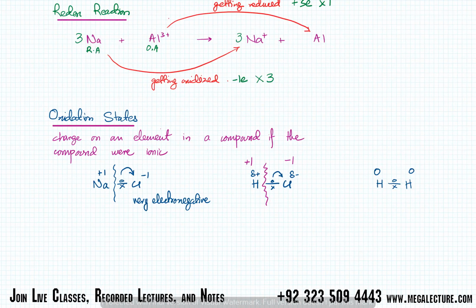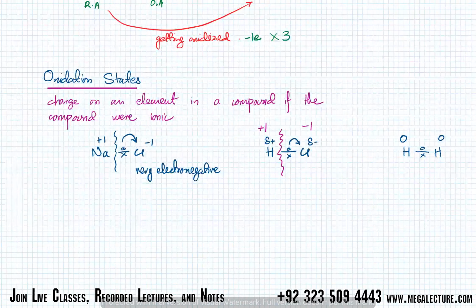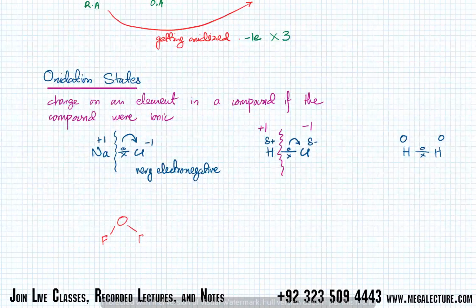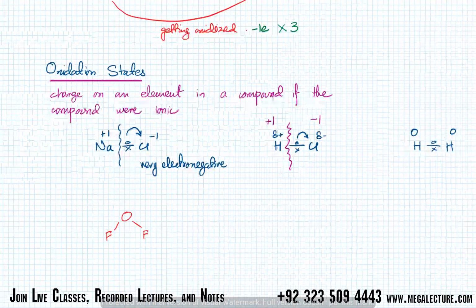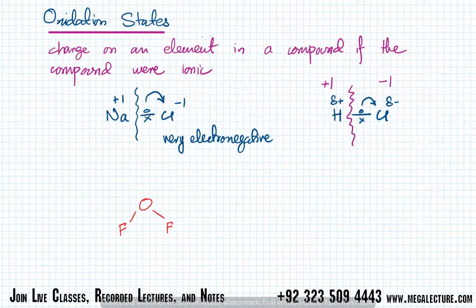So one example is that if I have a molecule of oxygen with fluorine, then if you remember, fluorine is the one that's on the extreme right of the periodic table. So fluorine is the most electronegative element out of all the elements. So the electrons in the bond are definitely going to be closer to fluorine.